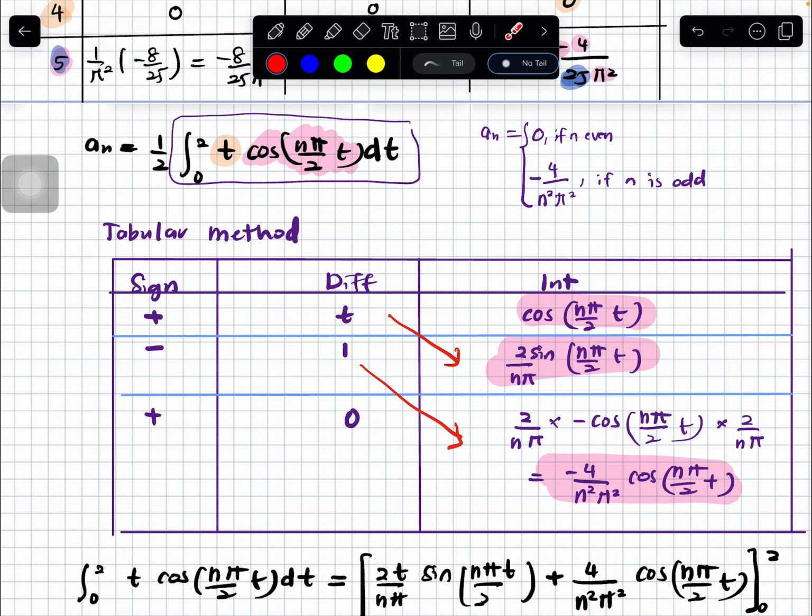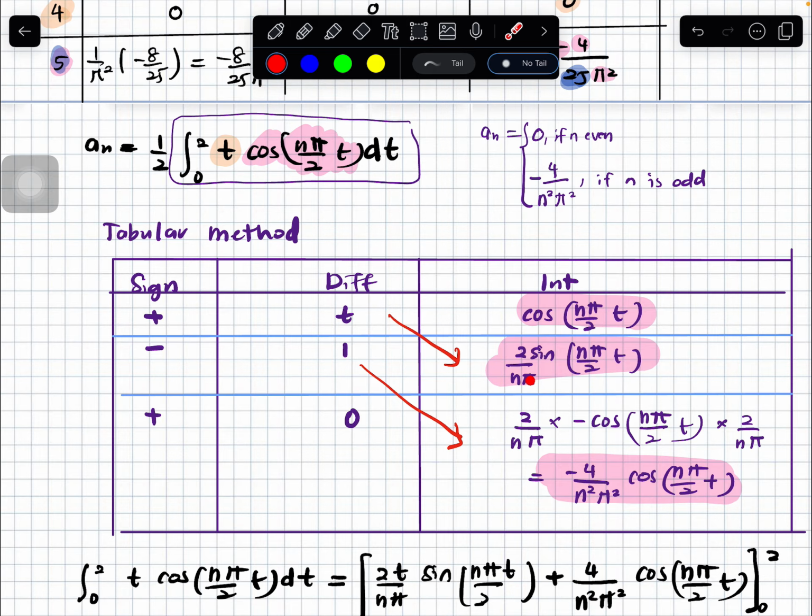And then for the integration part, we need to take the other function, which is here, cos n pi t over 2. And then when we integrate here, we get 2 over n pi as the coefficient. So that is why in the previous method where we applied the calculator, we had to take out pi, okay?